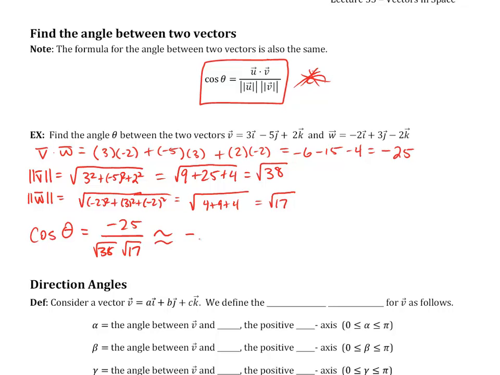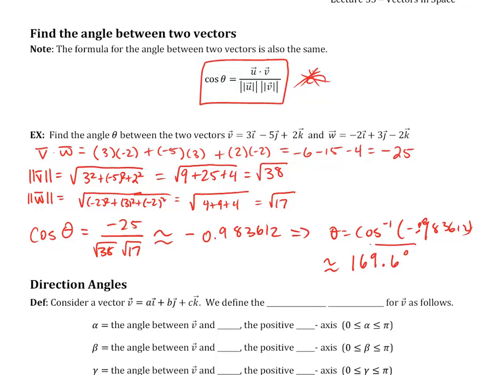That's a negative 0.98361. So theta would be the cosine inverse of negative 0.98361. And with my calculator in degree mode, I get 169.6 degrees is the angle between those two vectors.